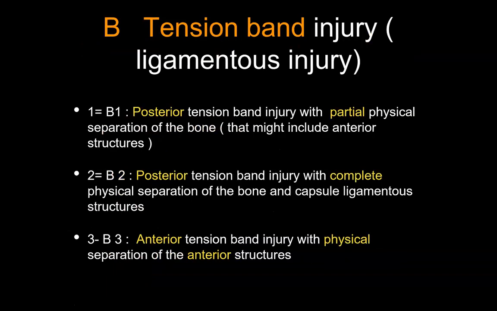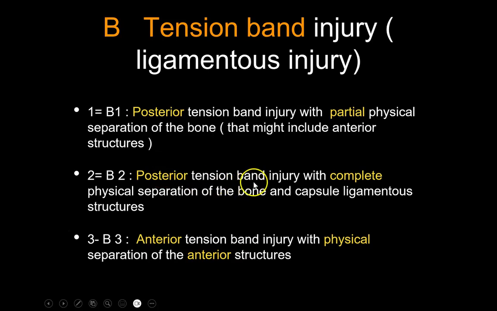The tension band, talking about the ligaments, is item B. B1 is posterior tension band injury with partial physical separation of the bone, and it could be also anterior. So there is a partial separation of the bone in B1.